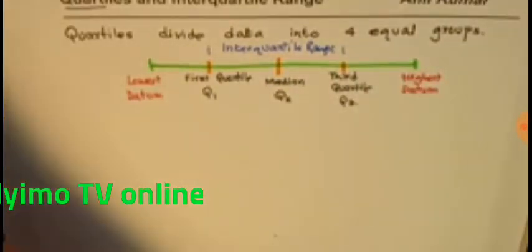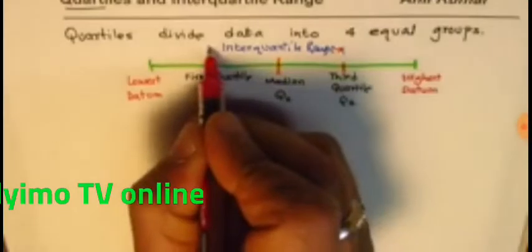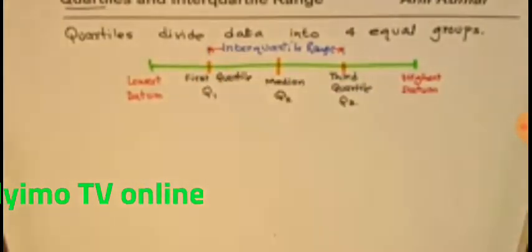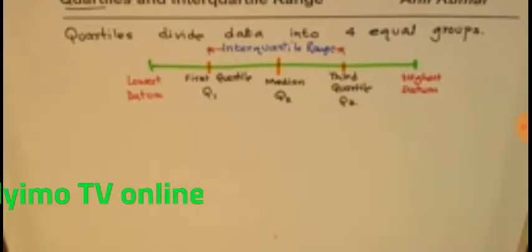Right, so this central value, which is concentrated around the median, is the interquartile range. Now the question is, if we are given raw data, how do we find the first, second, and third quartile and the interquartile range?